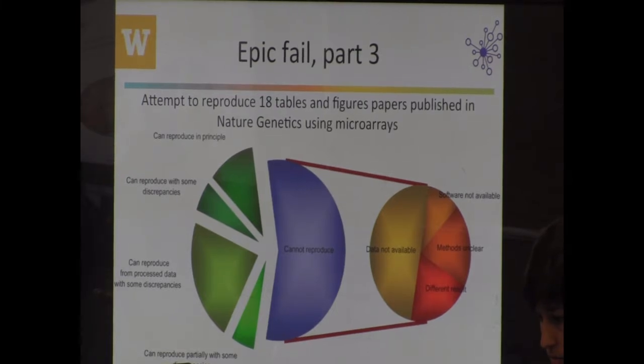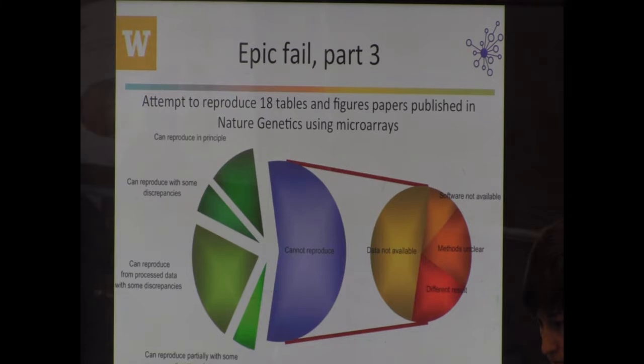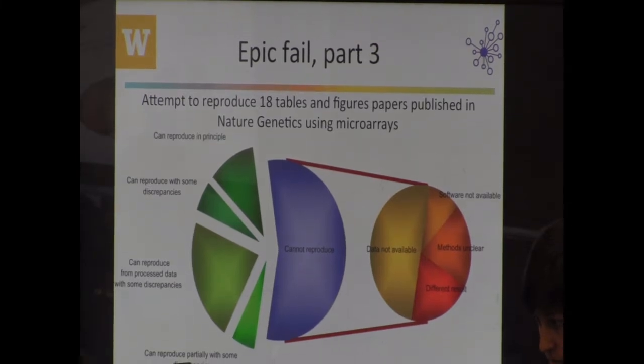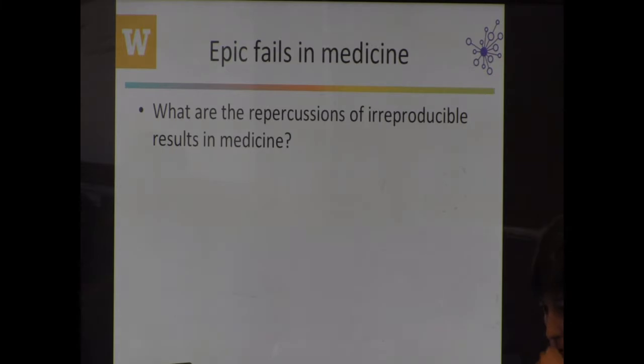And so one of the things I want to suggest to you is that computational reproducibility isn't just about code or data, that there is a human component here, which is about your level and ability to communicate.